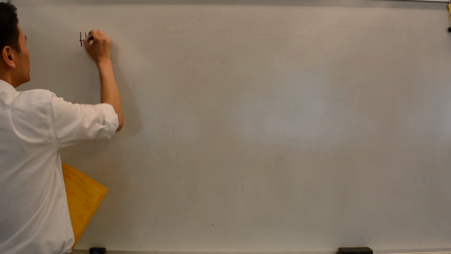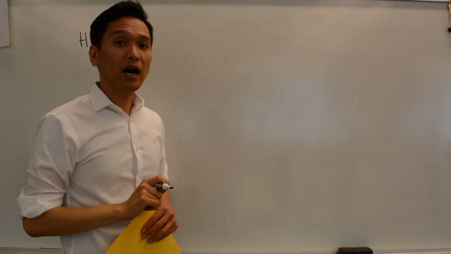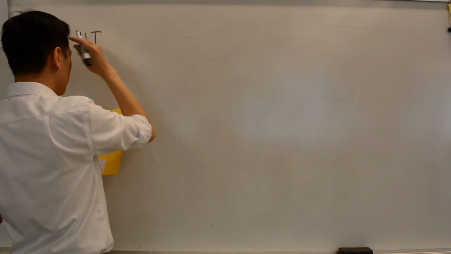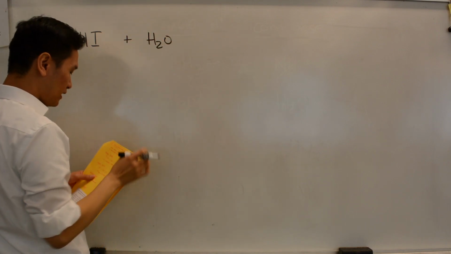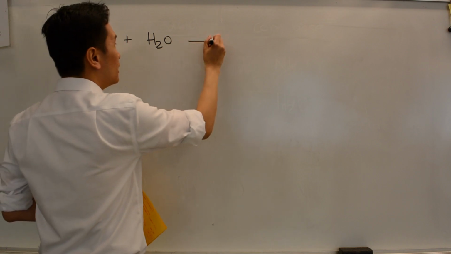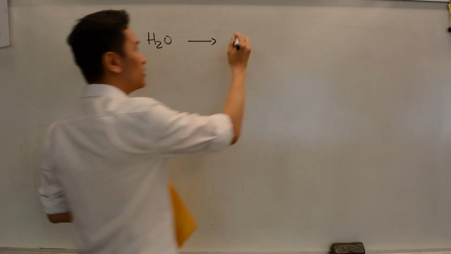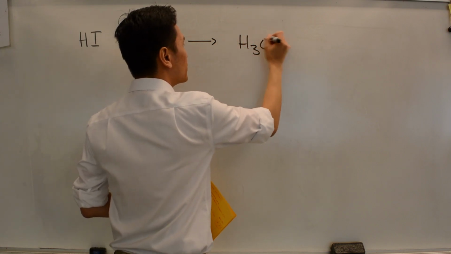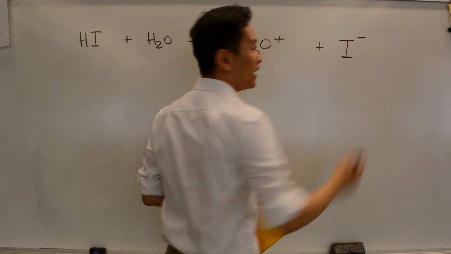If you get this molecule, which is called hydroiodic acid, HI, and you dissolve it in water, I'm omitting all the states now for clarity. If you dissolve this in water, it dissociates completely into H+, which remember, we write as H3O+, and its other ion, iodide, right?